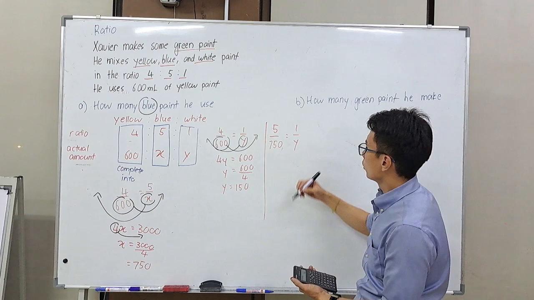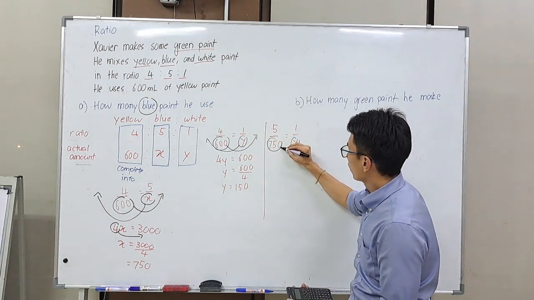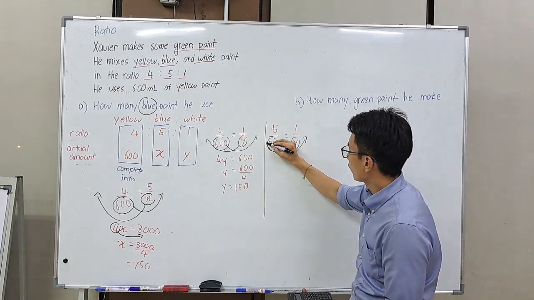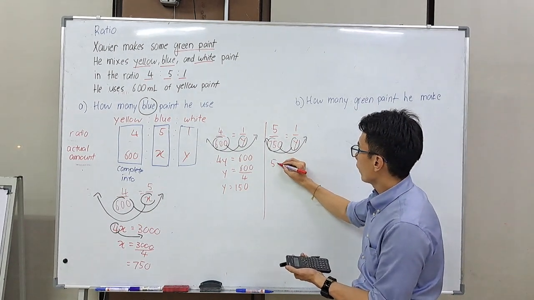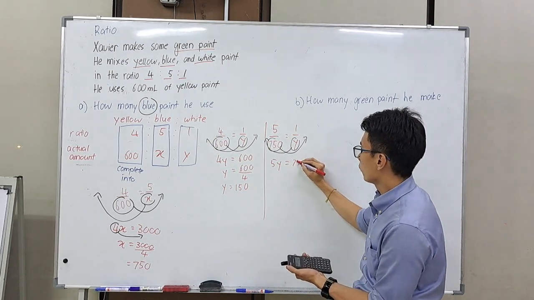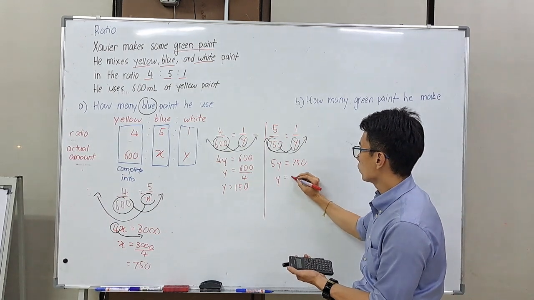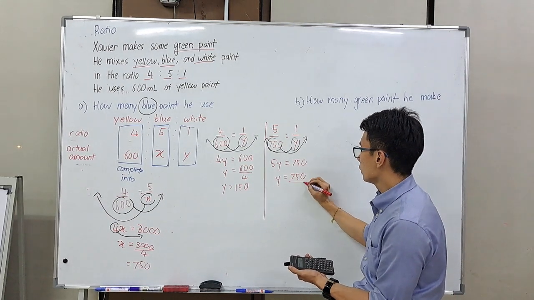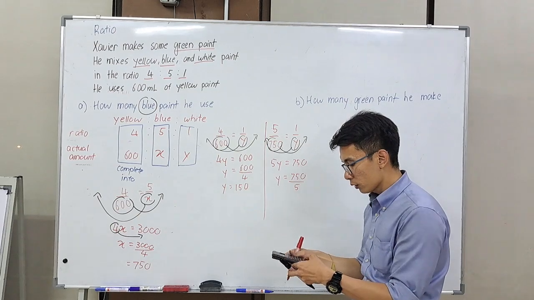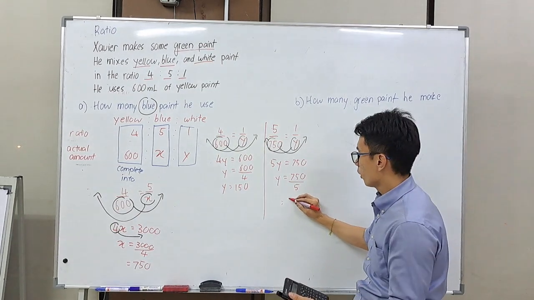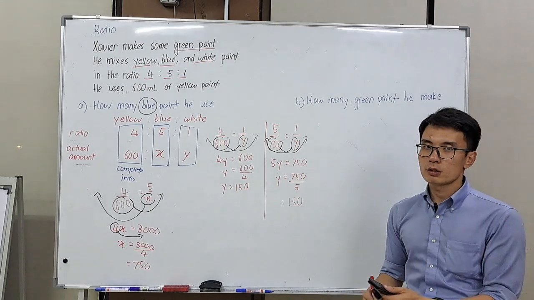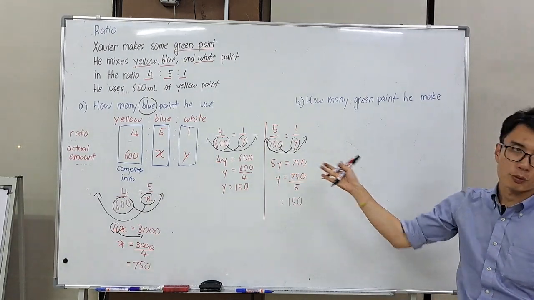Okay? So again, cross multiply, bring this up, I will get 5y equals 750 and y equals 750 divided by 5. Alright, so 750 divided by 5 and true enough, 150.